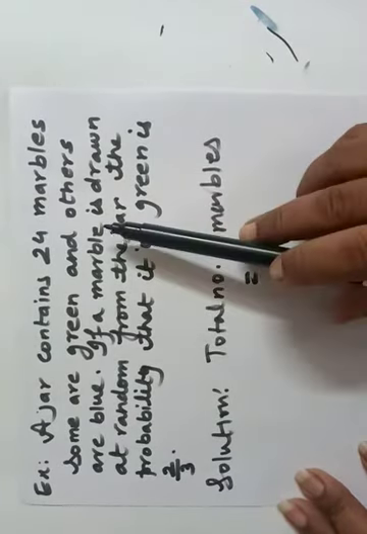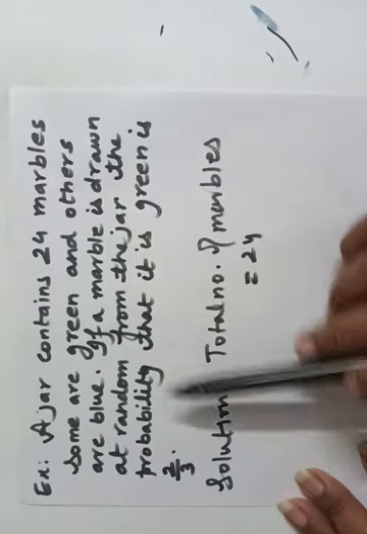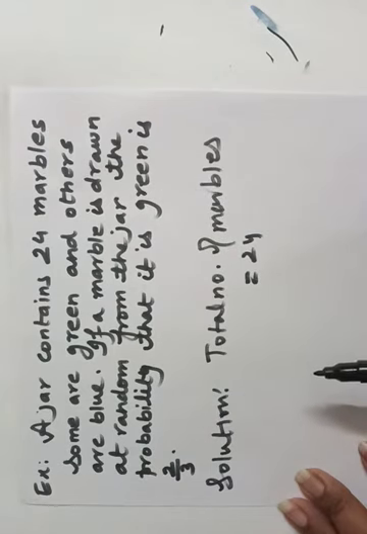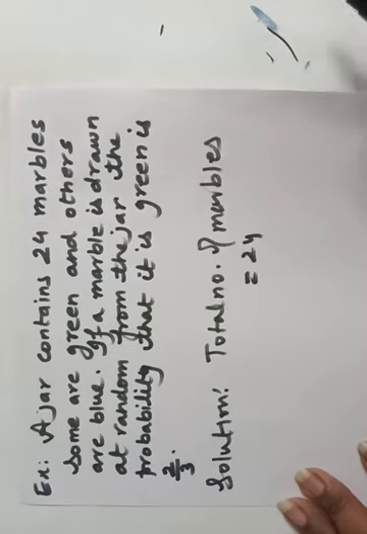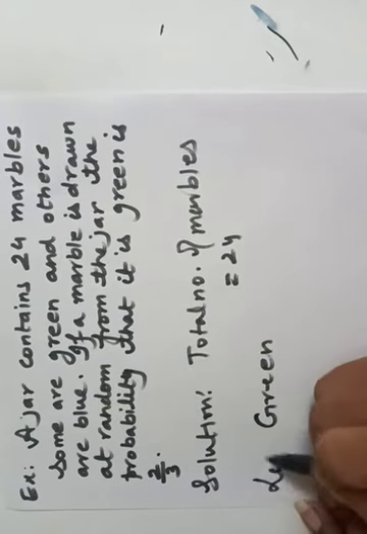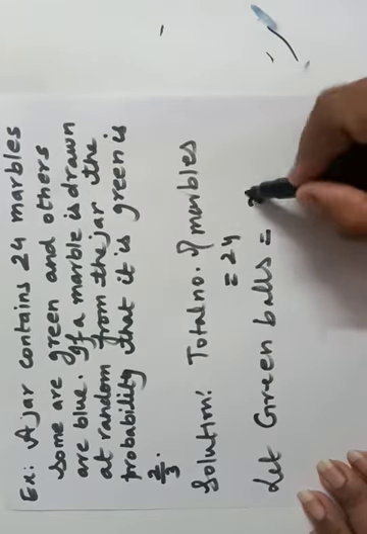If a marble is drawn at random from the jar, the probability that it is green is 2 upon 3. So in this question they have told us about the probability of the green ball. So let's assume how many green balls there are. Let green balls be x.